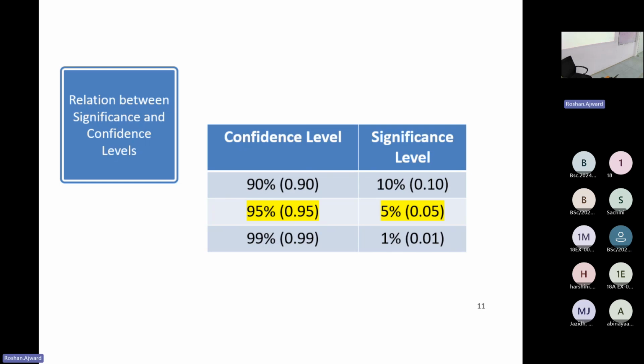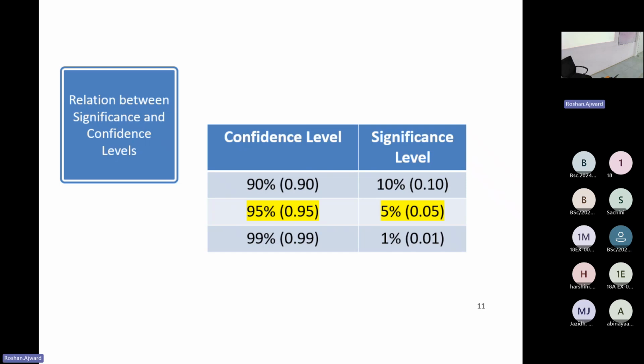In statistics, you would have 3 levels of confidence. What are the 3 levels? 90%, 95%, and 99%. They can also be expressed as fractions, like 0.9, 0.95, and 0.99. Okay. Would you like a higher confidence or a lower confidence?